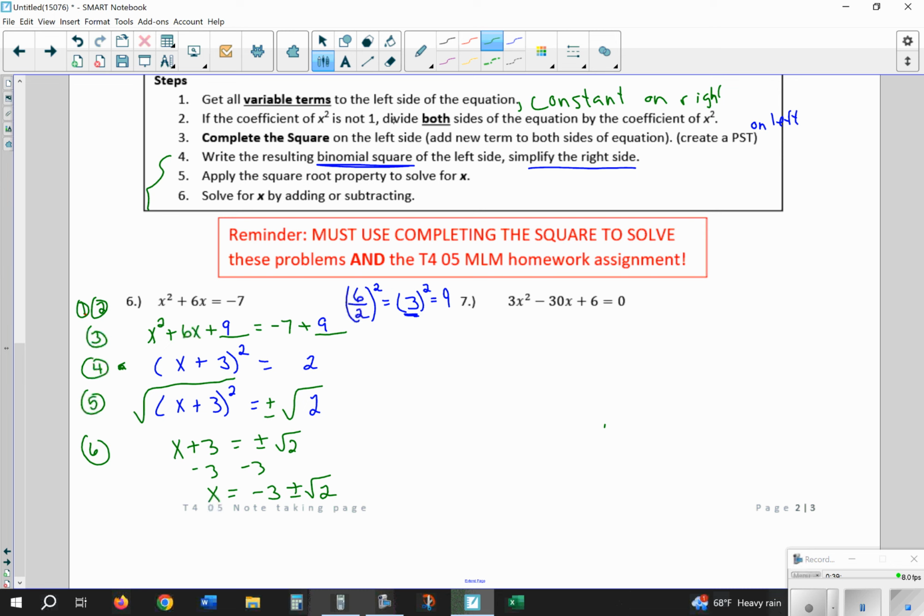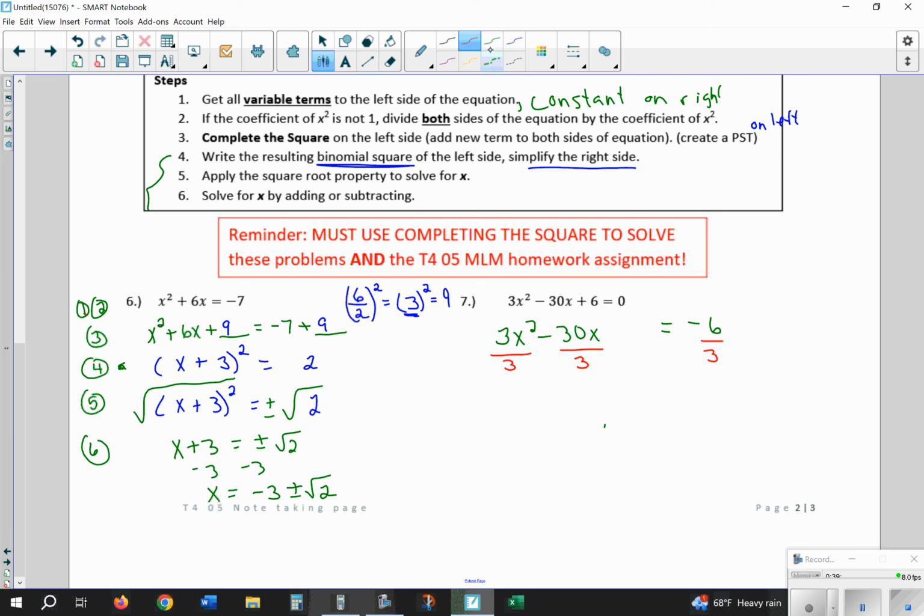Variable terms on one side, constant on the right. So I'm going to subtract 6 from both sides. If the coefficient of x squared is not 1, divide both sides of the equation by the coefficient. This is not a 1, so I'm going to divide this by 3, this by 3, and this by 3.